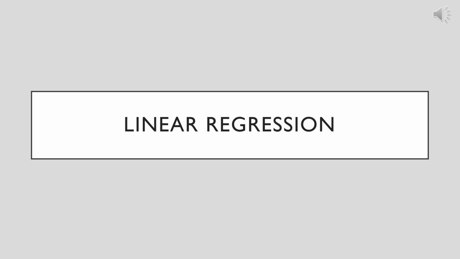This is basically just taking bivariate correlations, which we did in the last chapter, which are just associations between two variables, and taking that one step further.